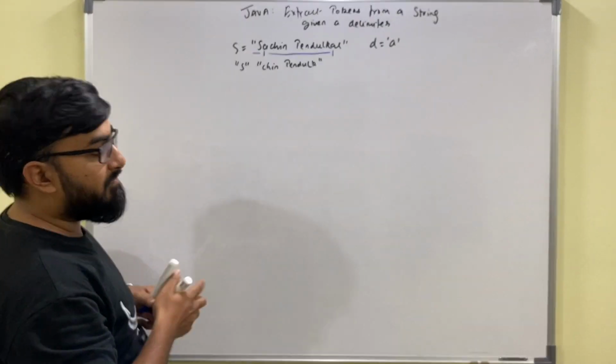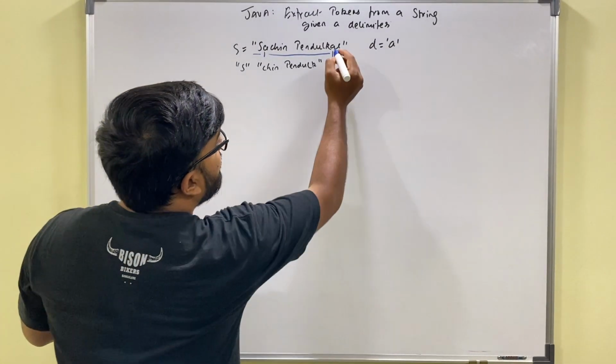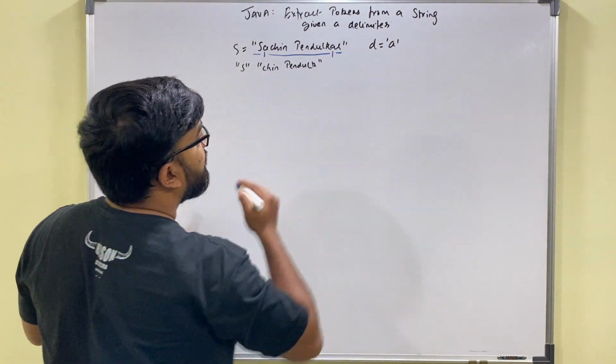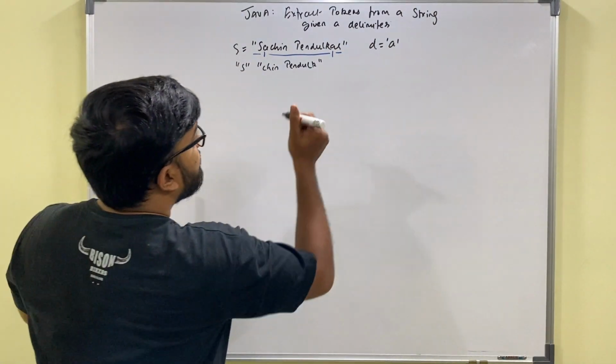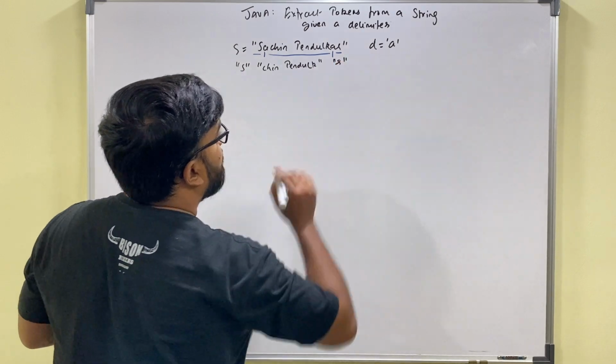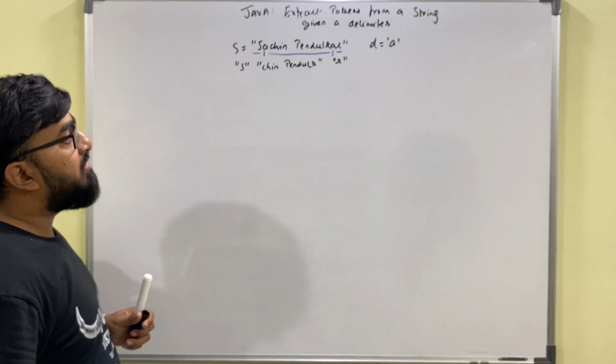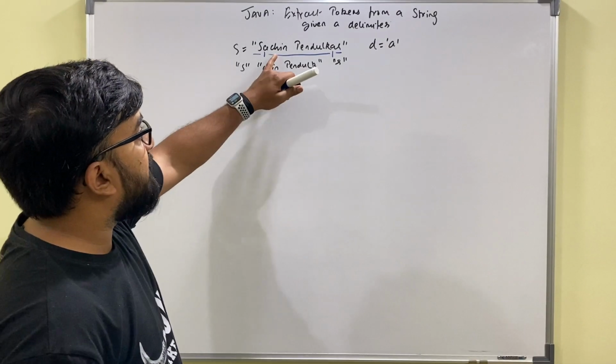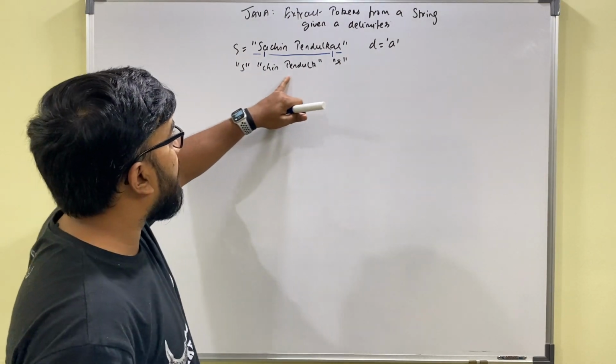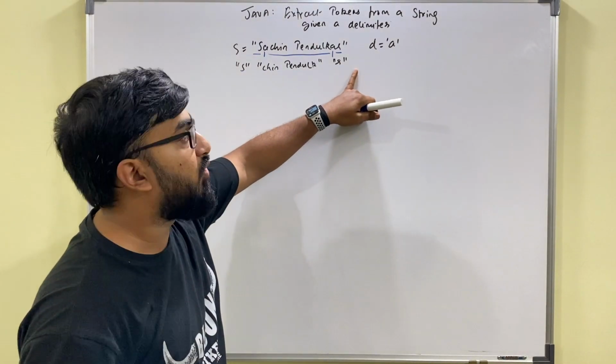This is my second token. I start again, I get R and I reach the end of the string. So my third token is R. So given this string s and this delimiter, I should be getting these 3 strings as my tokens.